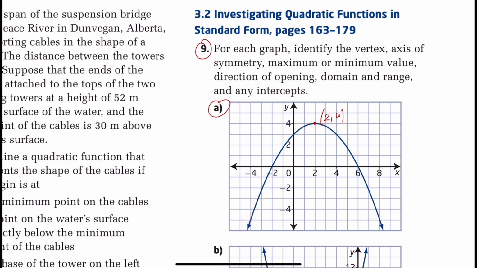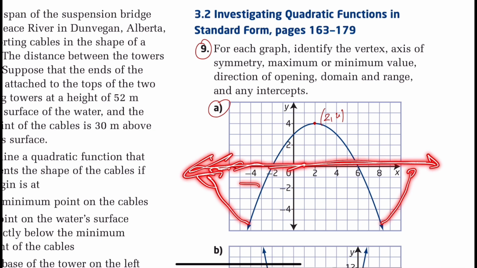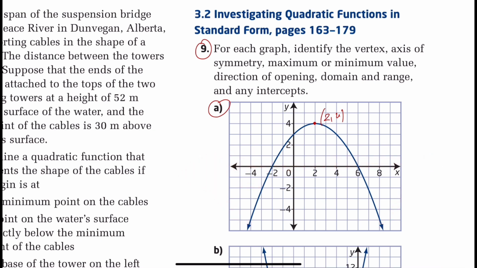Since the parabola is up and down, my a is negative. The domain is all values of R. Anything on the x-axis is in the domain, so the domain is equal to R. The range starts from 4 and goes down, so y will be less than or equal to 4.